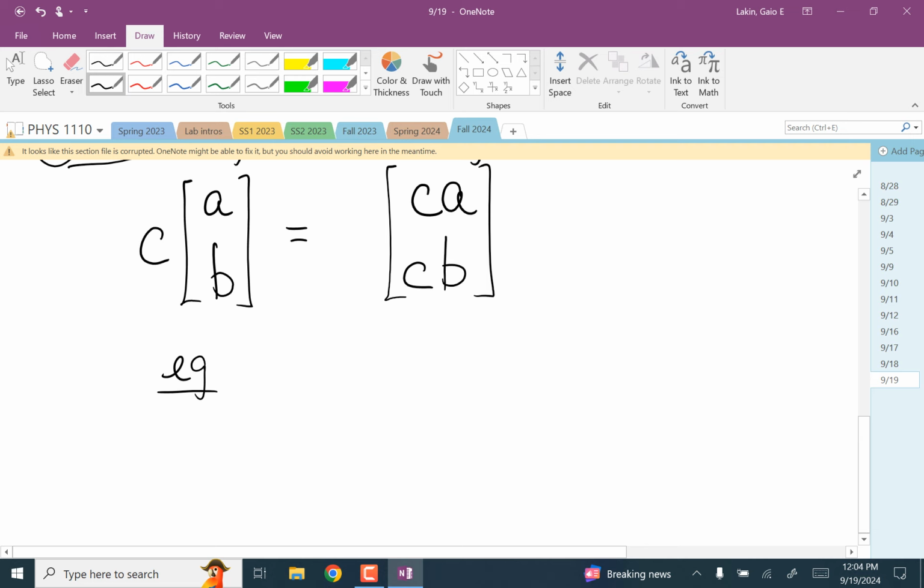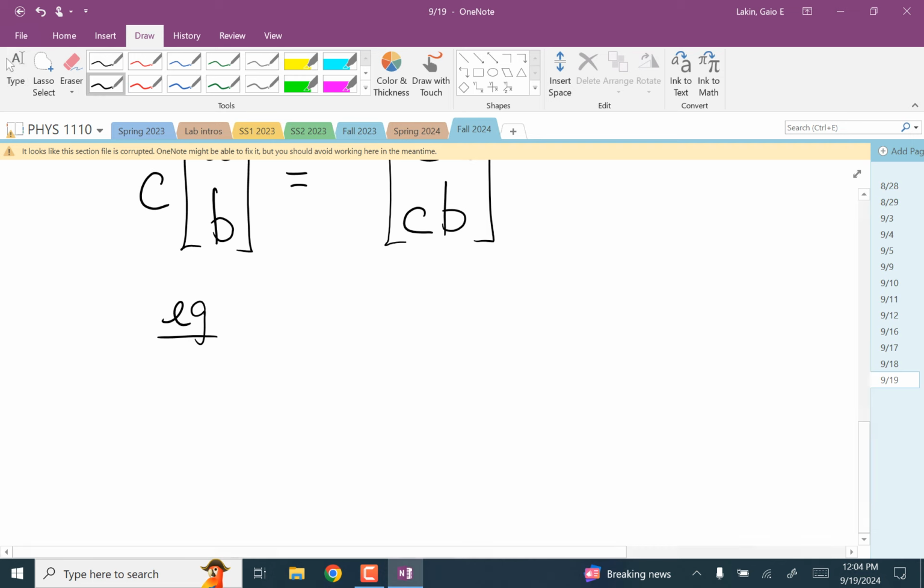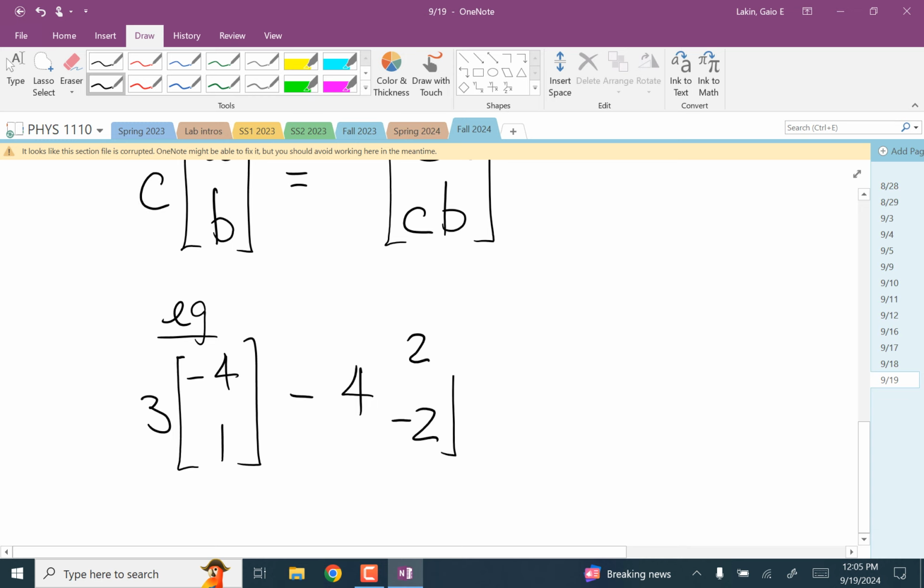Now, for example, we can put these together. What if we want to know what 3 times -4, 1 minus 4 times 2, -2 is? Well, the order of operations rules say we do the multiplications first.